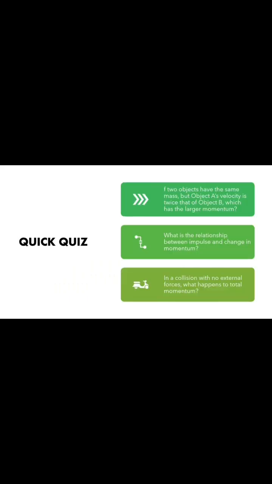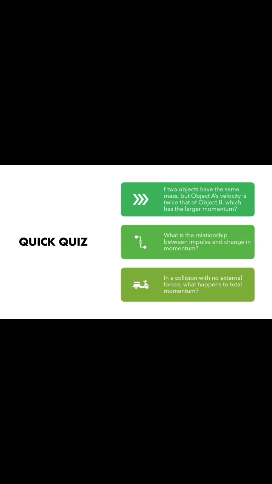Let's do a brief quiz. So, we check the answers. Number 1, the answer is object A. Number 2, impulse equals the change in momentum, delta P. Number 3, stays constant, is conserved.